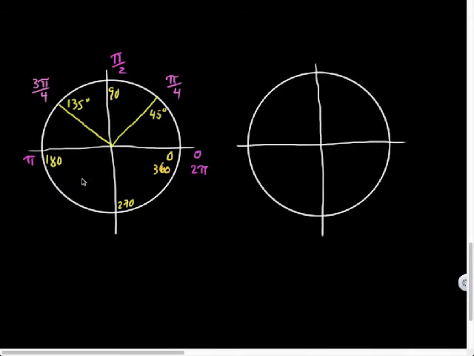So let's see if I can go past this. Well, 3 pi over 4 landing on pi, that's the same as 4 pi over 4, right? So another pi over 4 more than that is going to land on 5 pi over 4.